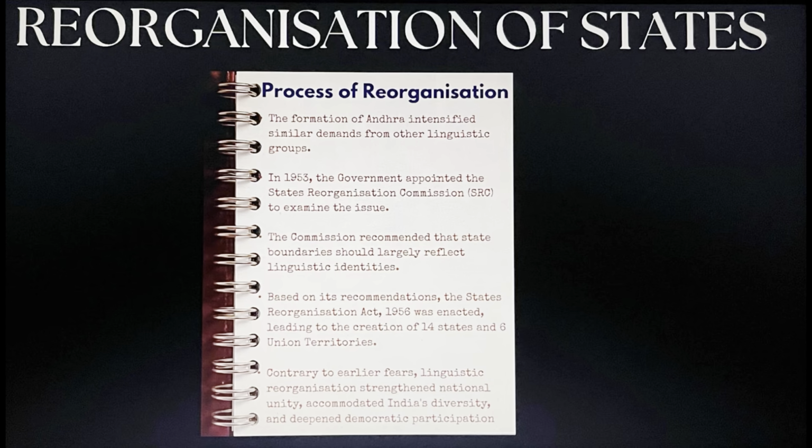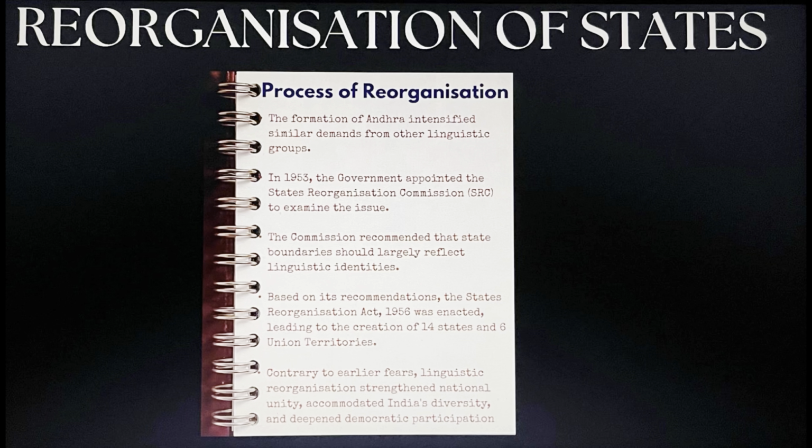Okay, but once Andhra Pradesh became a separate state, similar demands also started from other people. So in 1953, the government appointed a commission. It was called the States Reorganization Commission, to examine the issue. This commission recommended that state boundaries should largely reflect linguistic identities.